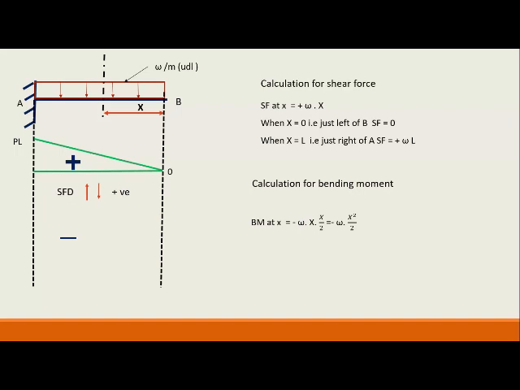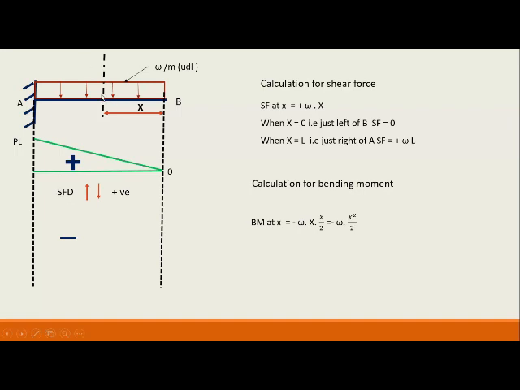If it is a point load, the point load itself is the CG of the load. But if it is a load intensity diagram, whatever may be the intensity, like UDL, UVL, or all these cases, we have to consider the distance up to the CG of the load intensity diagram.